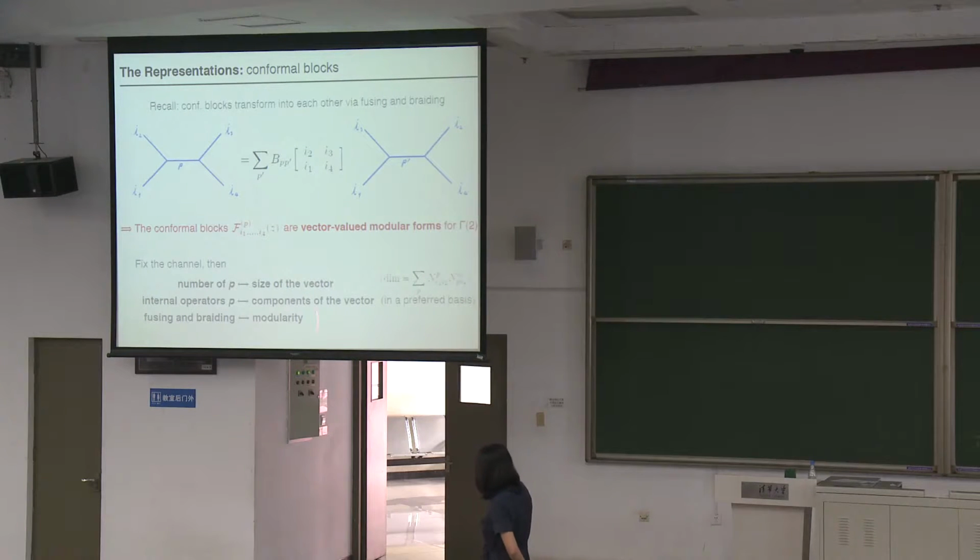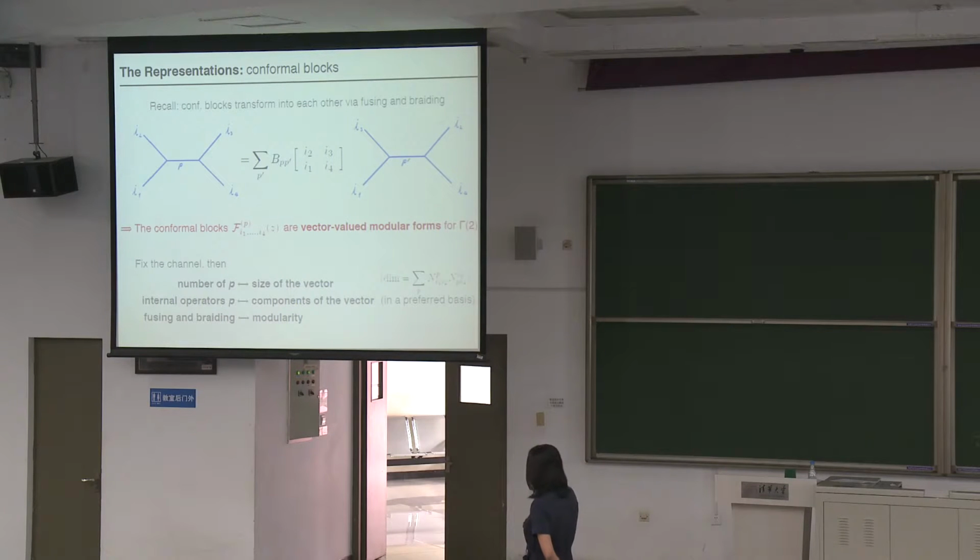So the dictionary between the usual CFT language and modular form language is the following. The number of the allowed internal operators inserted is the size of the vector. Or in general, it will be given by this combination of fusion numbers if it's non-trivial, if it's not just 1 or 0.